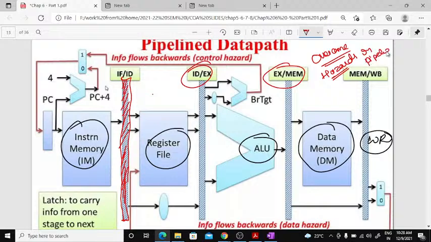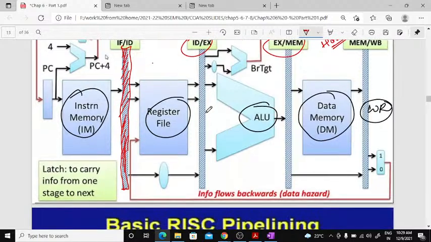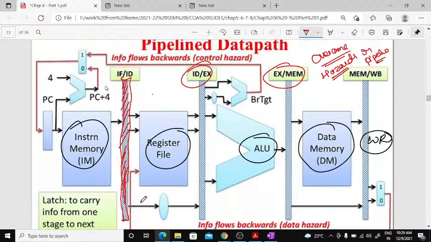Okay, so between the stages there is a latch or buffer registers. So what is this latch? The latch carries the information from one stage to another.